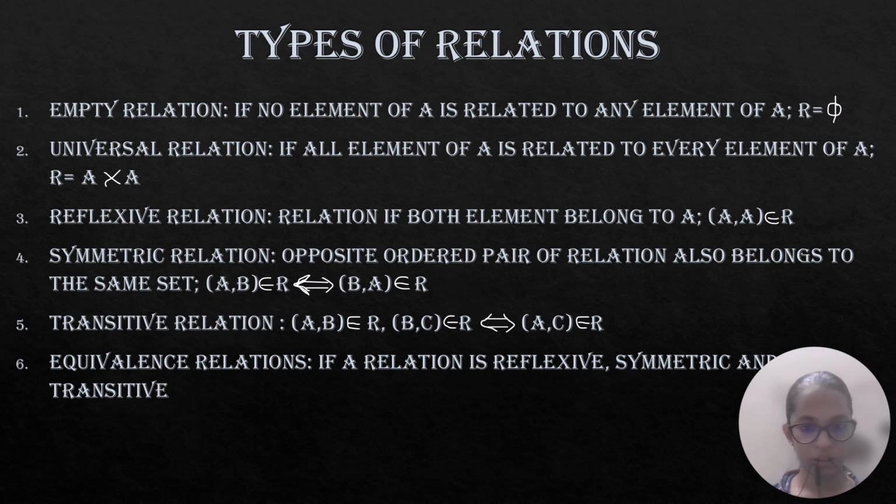Now let's see some examples. First, we will see empty relation. Let's say this is 1, 2 and this is 7, 9.